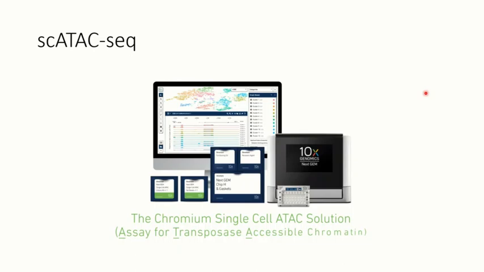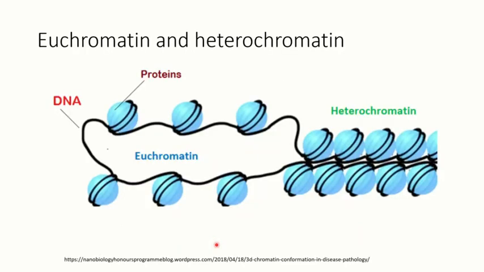What is more feasible right now is so-called single-cell ATAC-seq, using the 10x Genomics solution to get this ATAC-seq, which gives open chromatin structure information from individual cells. But for computer scientists or people without a biology background, I have to go back a little bit.